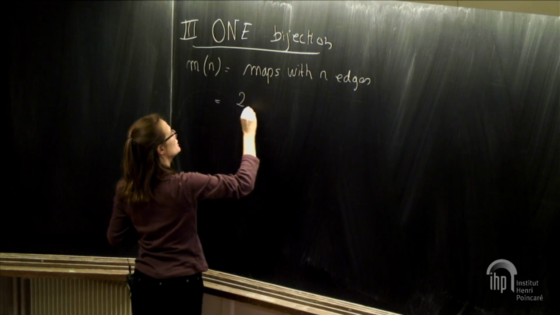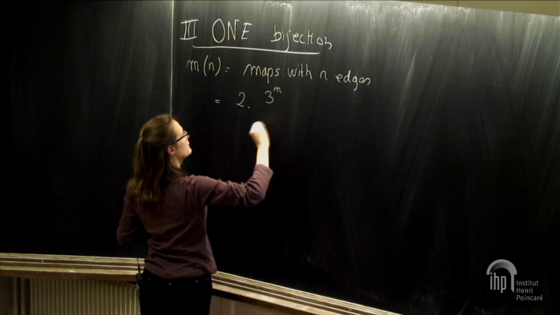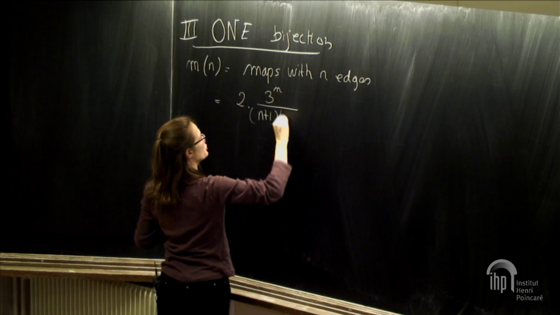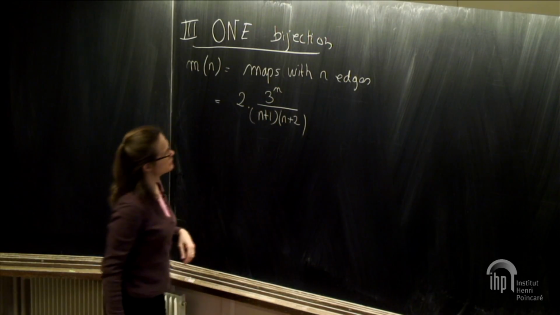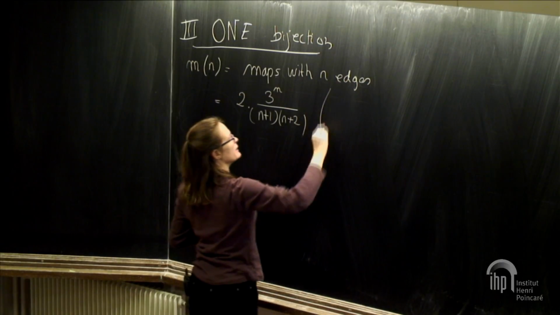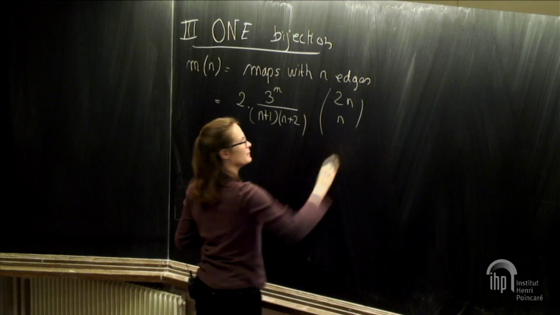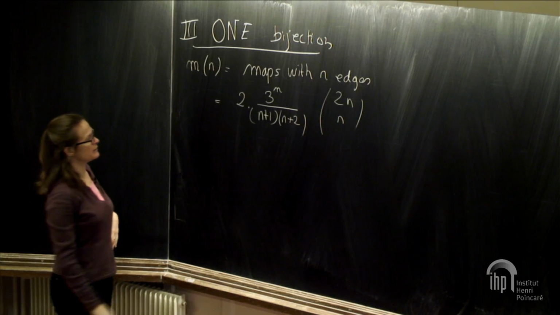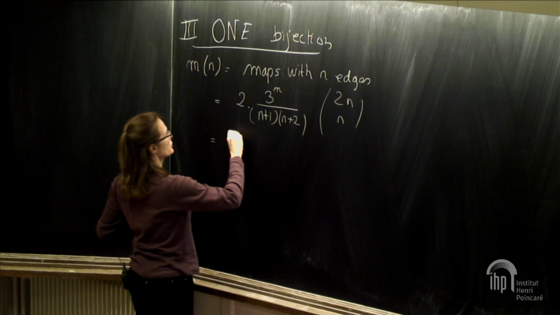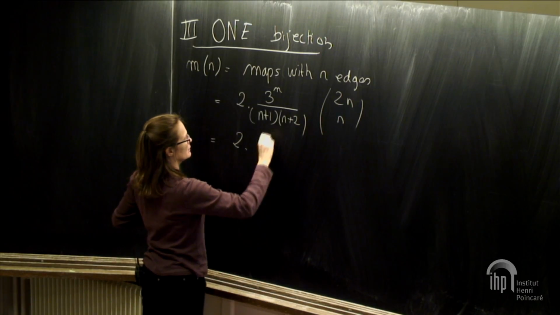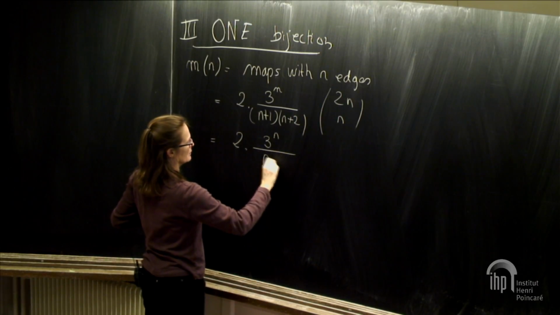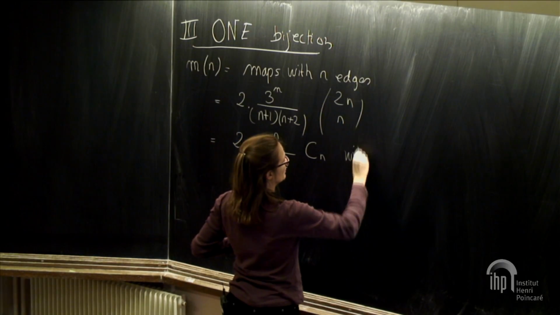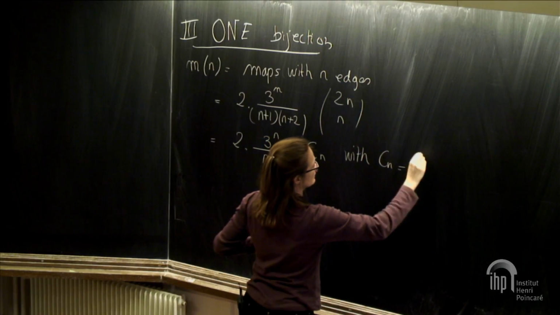There's a factor 2, then a 3 to the n, then 2 linear factors at the denominator, and then a binomial coefficient. This was proved by Tutte in the 60s. And this can also be written as a factor times C_n, the Catalan number.